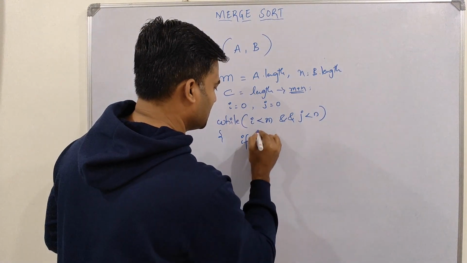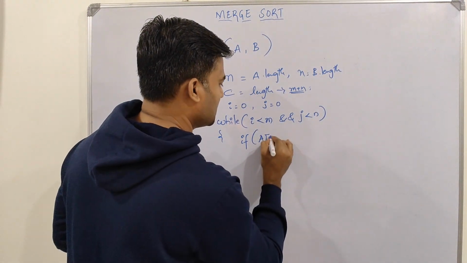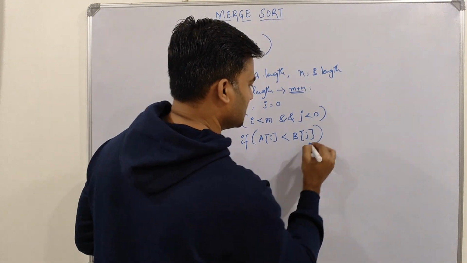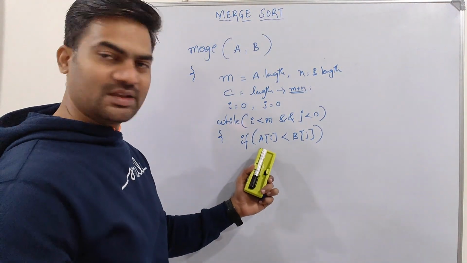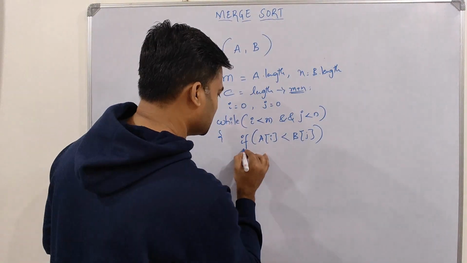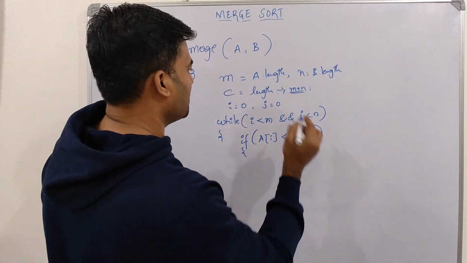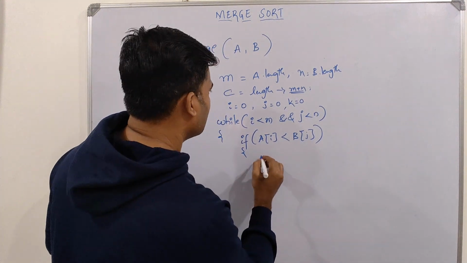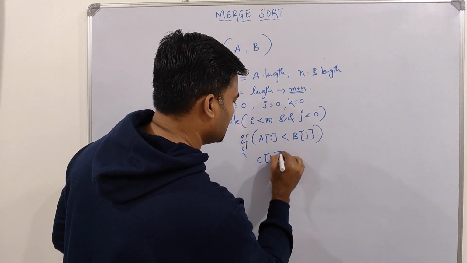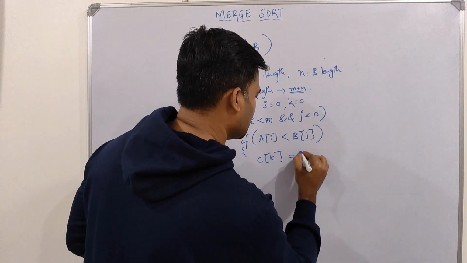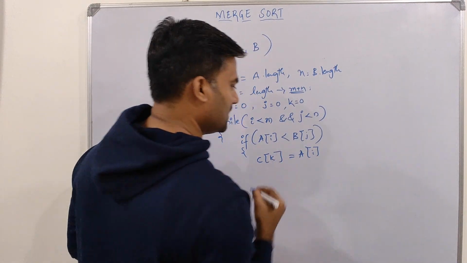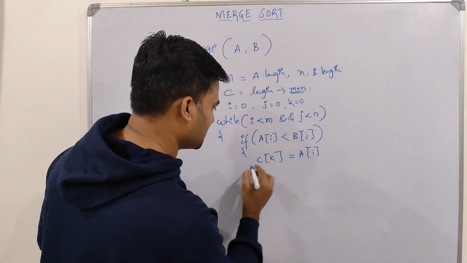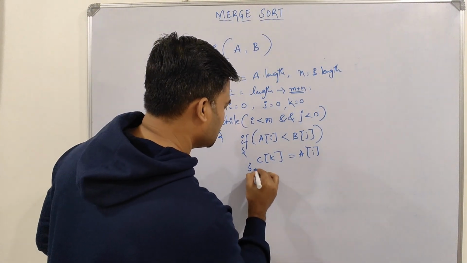If a of I is less than b of j, then I should take a of I, because this is the smaller element. Maybe I will take one more, k equal to 0. So c of k is equal to a of I. Then increment, we will see that later, because there is another condition which is the else part.